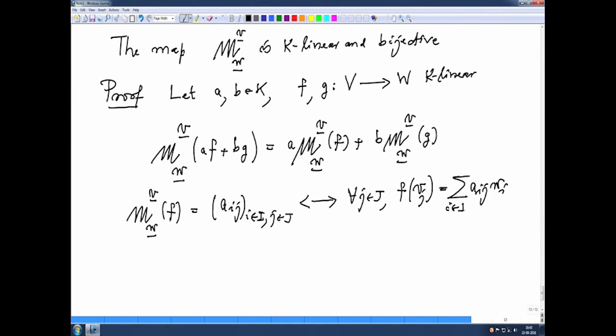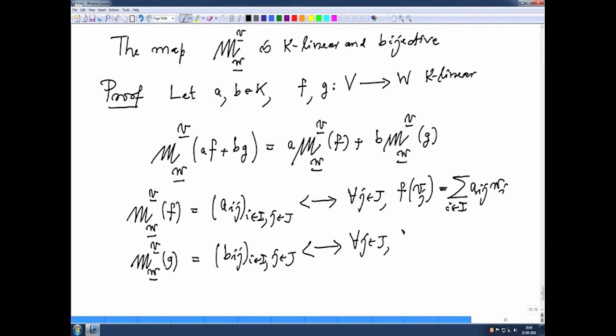That is how we define this matrix, all these coefficients. How did you define then M_{V,W}(G)? This is B_ij, i in I, j in J. This is coming from the equations: for every j in J, G of Vj equals the summation over i in I of B_ij Wi. That is it. This is how they are defined.